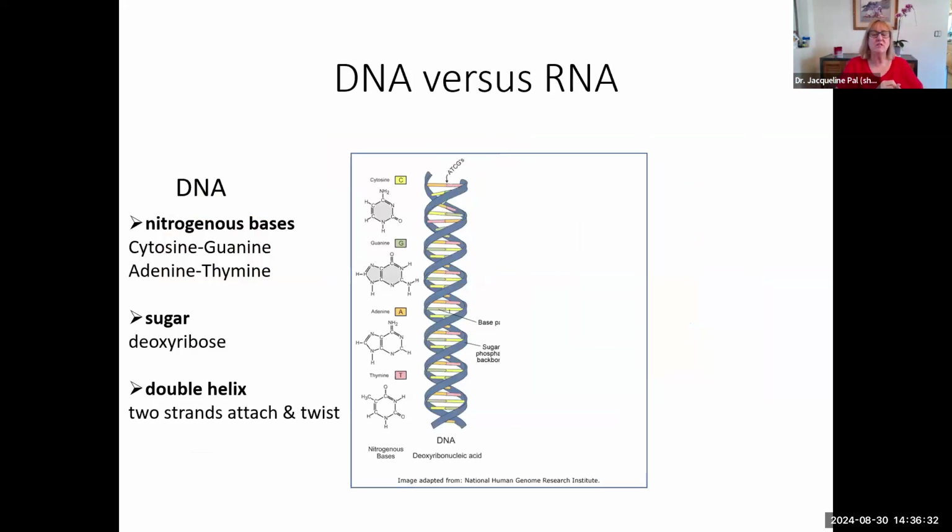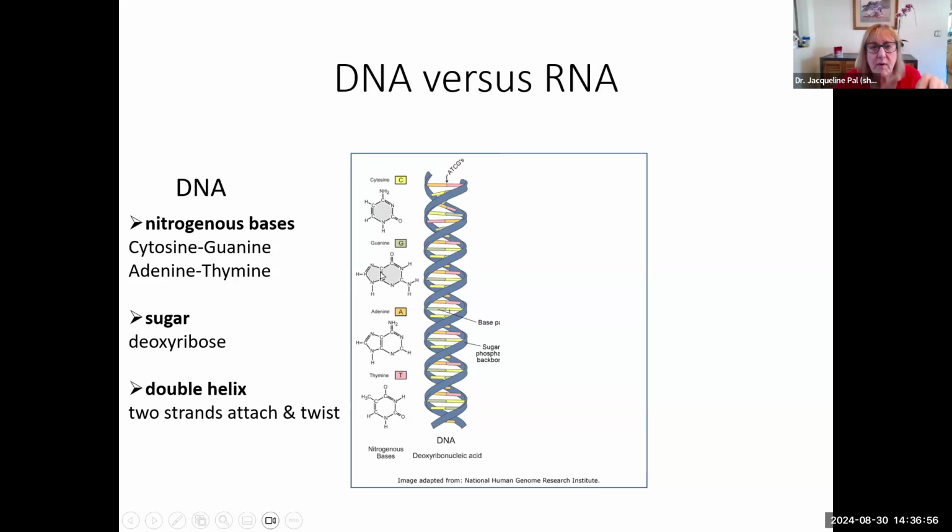So let me show the differences between DNA versus RNA before I talk about that. So in DNA, I said there's 5 different nitrogenous bases, but each nucleic acid only uses 4 of them. In DNA, cytosine will bond with guanine.